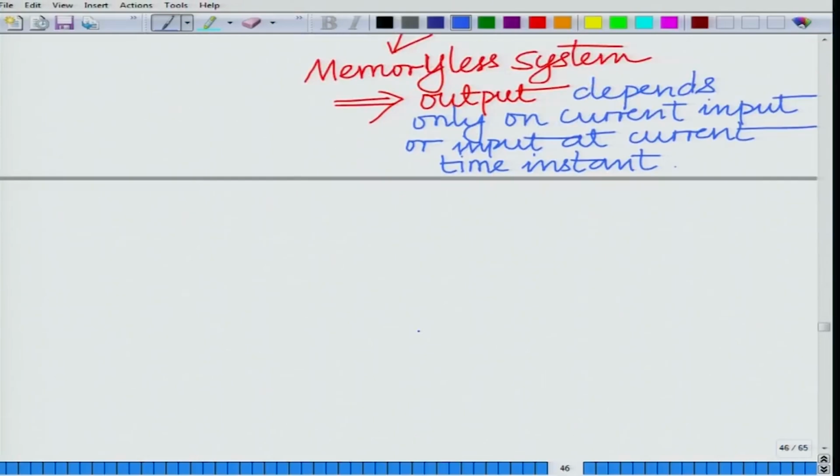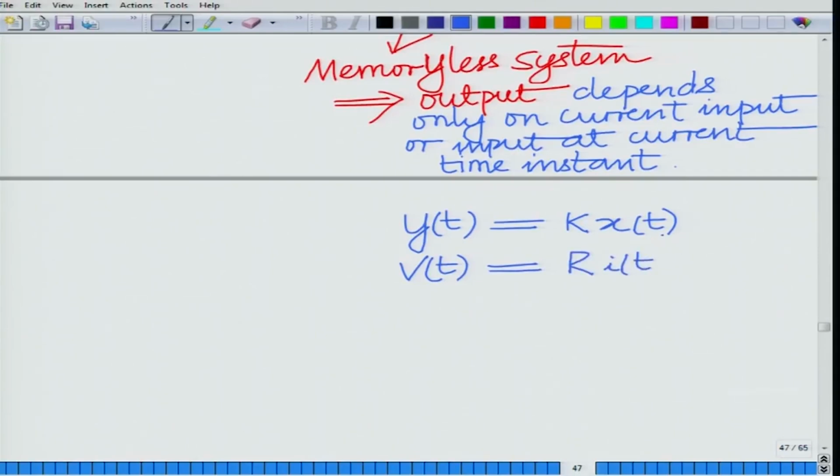For instance, you have y of t equals some constant k times x of t. In a circuit, from Ohm's law we have v of t equals R times I of t, where v is the voltage, I is the current, and R is the resistance.